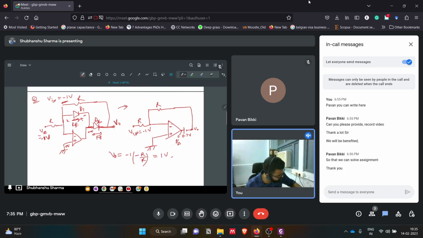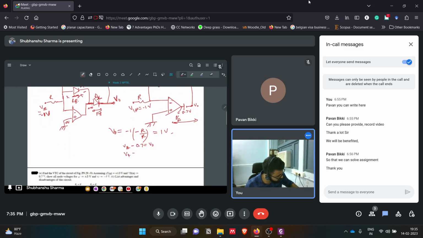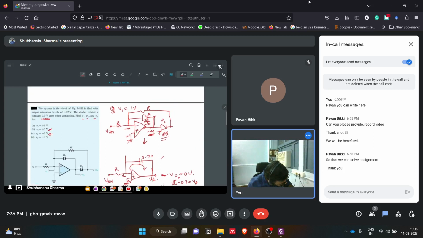And what will be VA? Again, VA minus 0.7 equals V naught. So VA equals V naught plus 0.7. That will be 1.7. That will be VA, and V minus will be 0. This is 0 for the virtual short. So this is what they asked about: V minus, VA and V naught.